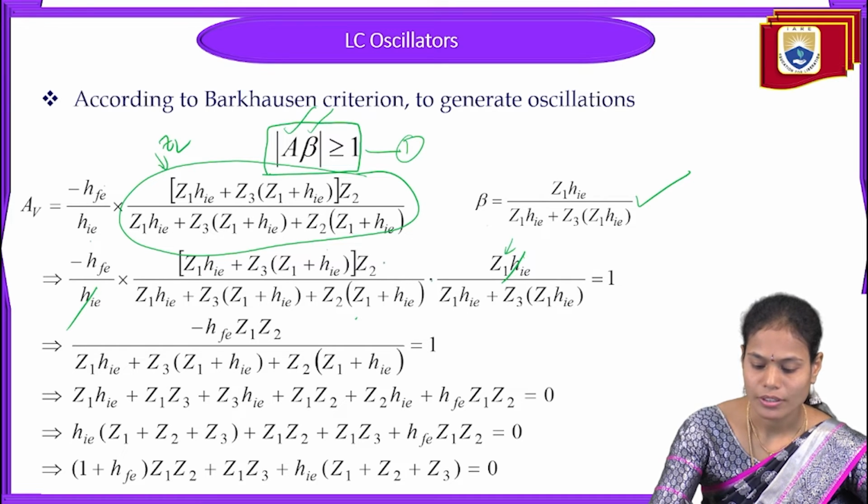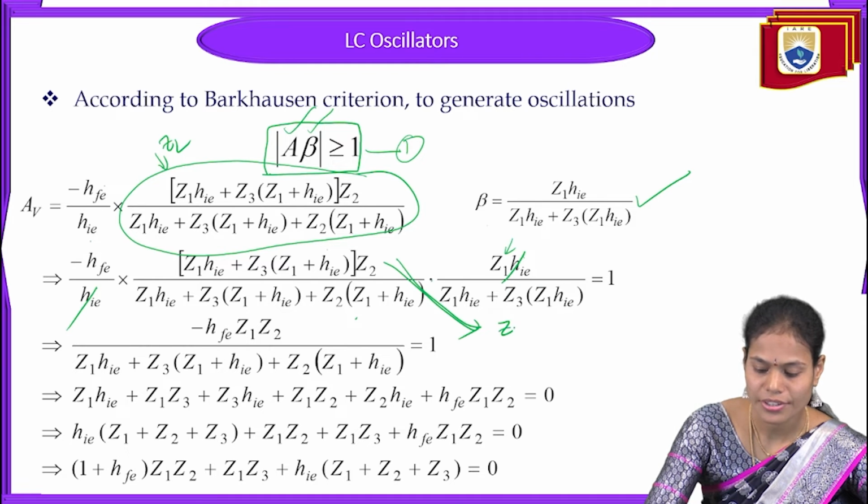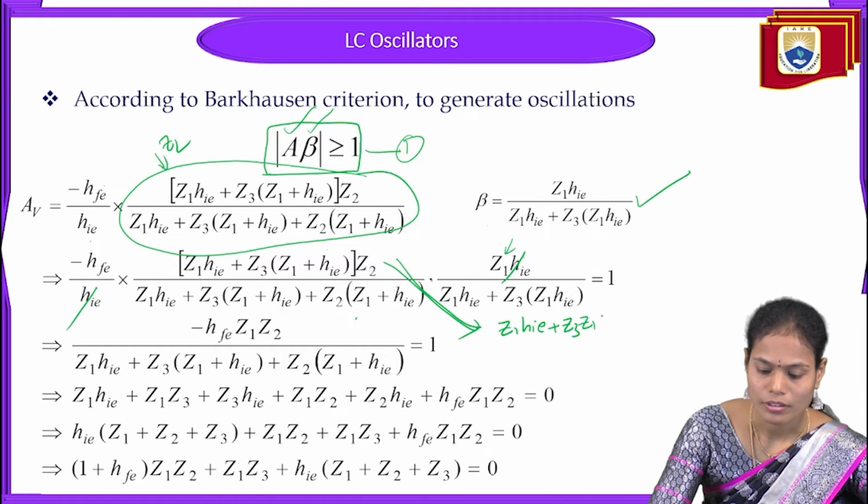In the numerator we will get Z1 HIE plus Z3 Z1 plus Z3 HIE, overall multiplied with Z2.